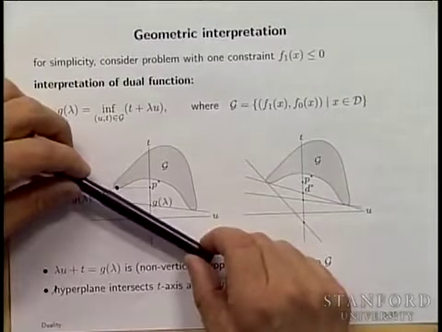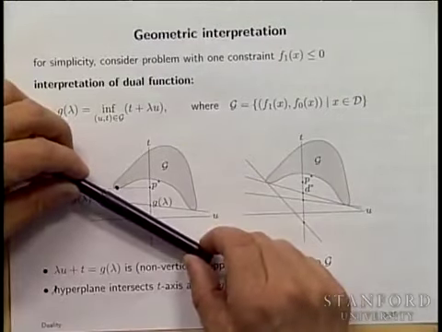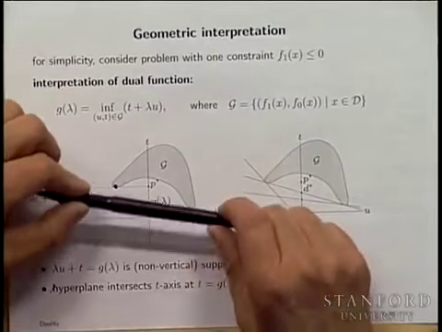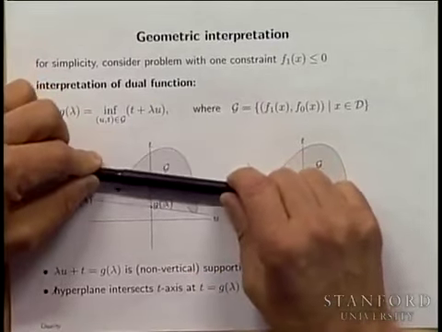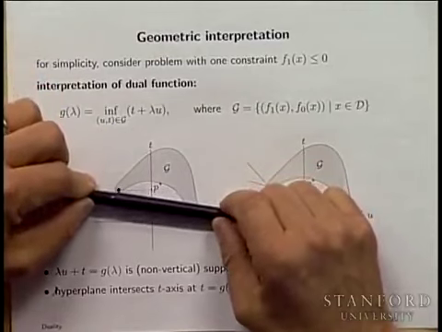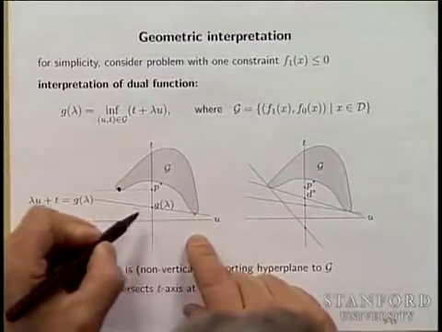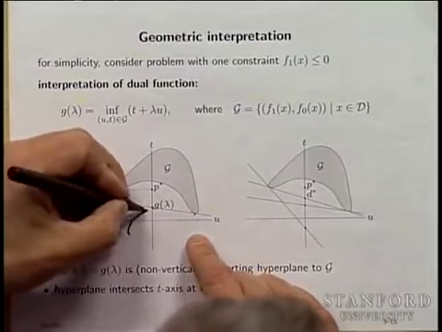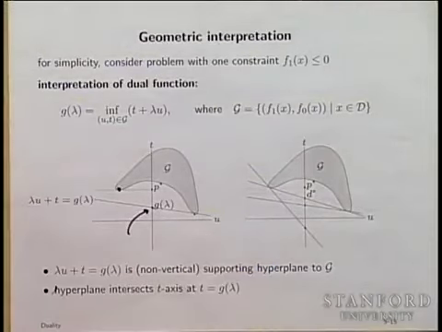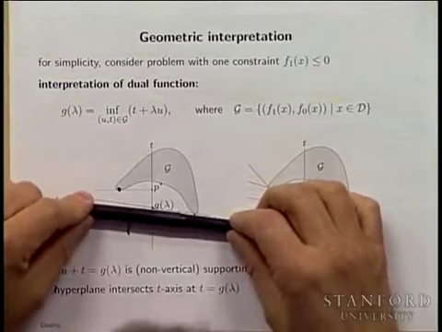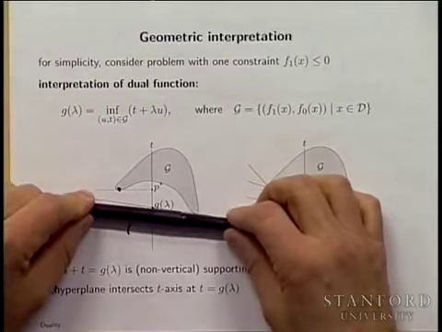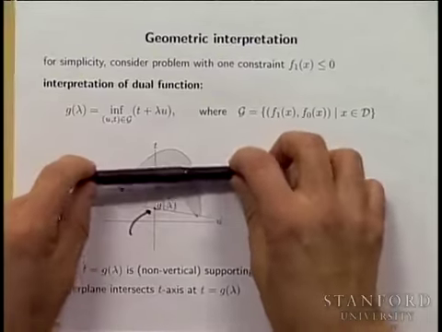So for example, if you fix lambda and then ask me to evaluate the dual, what you do is this. You fix a slope here, and you march down this way until you just barely leave this set. And that would be right there. Okay? And then, when you work out what g of lambda is, it's this intersection here. Okay? So this is g of lambda. And now, the dual problem says optimize over all lambda. So if lambda is 0, you get this.